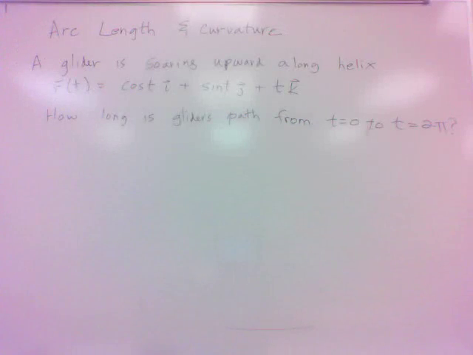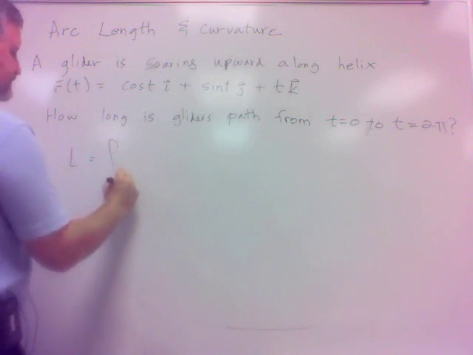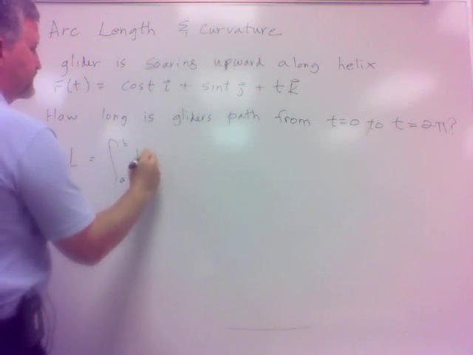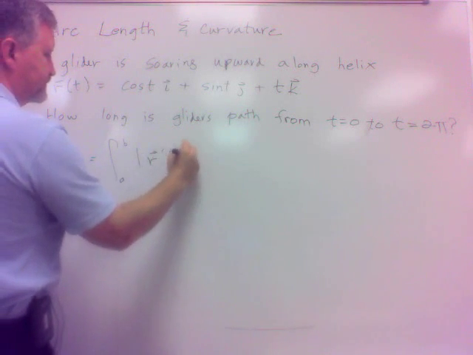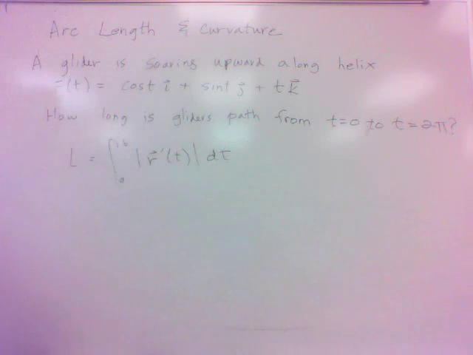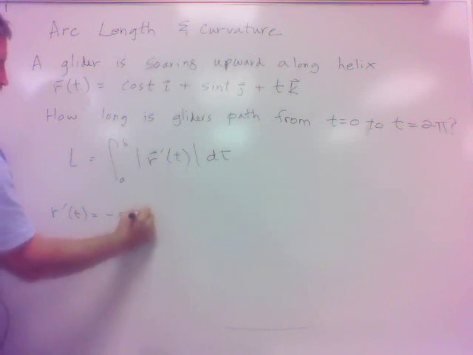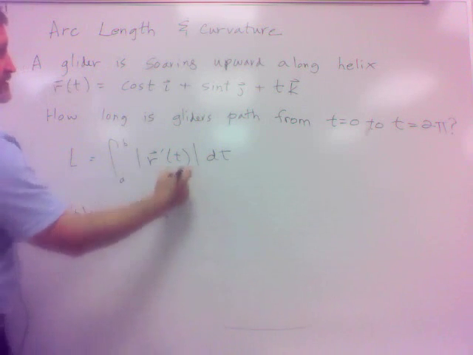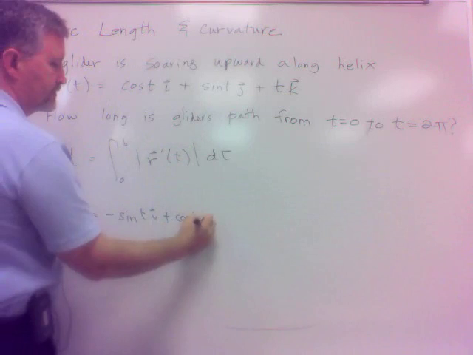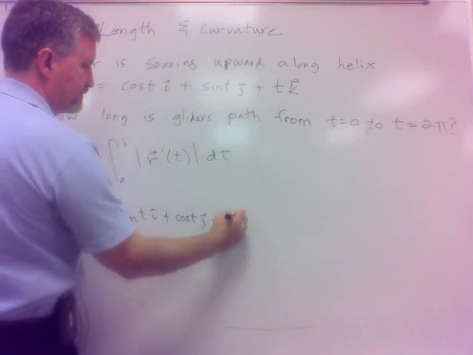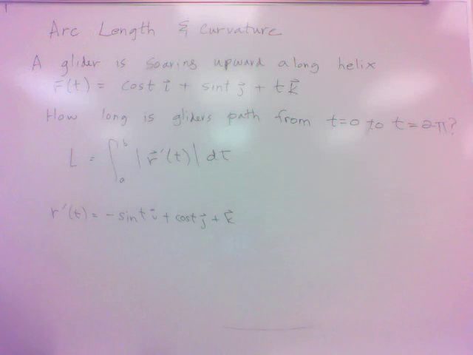Well, that's our arc length, which is the integral from a to b of the magnitude of the derivative vector. So what is our derivative vector? Negative sine t i plus cosine t j plus 1 k.